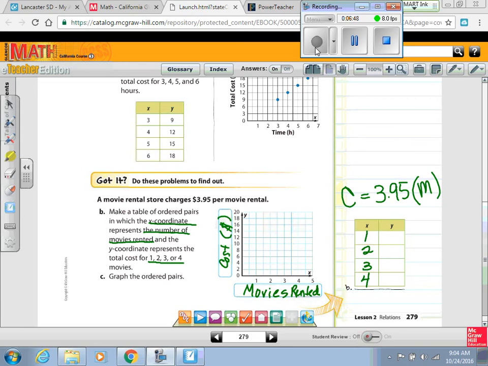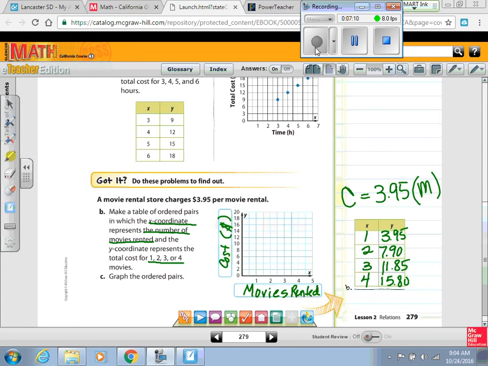Okay? So 1 times $3.95 is $3.95. 2 times $3.95 is $7.90. 3 is $11.85. And 4 is $15.80.